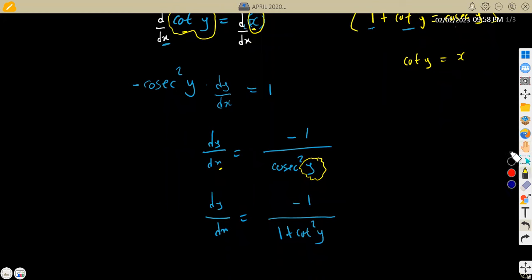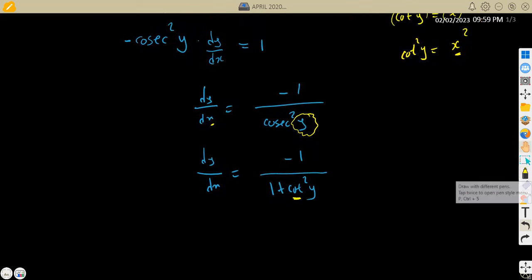It simply means we are going to square both sides. If I square here, I have to square here. Remember, this is an equation. What you do on the left-hand side, do it also on the right-hand side. So that's going to be cot squared y is equal to x squared. Wherever there is cot squared y, we are going to substitute with x squared.